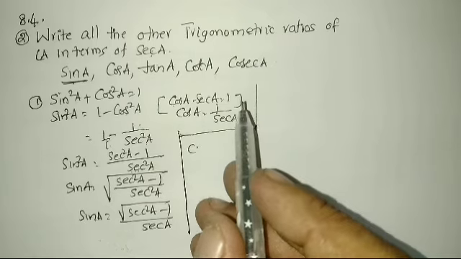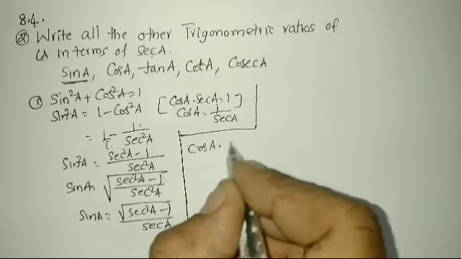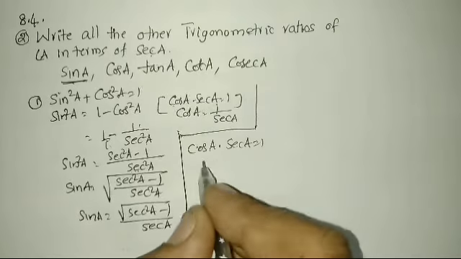There is a direct identity with respect to cos A and secant A, that is cos A into secant A equal to 1.